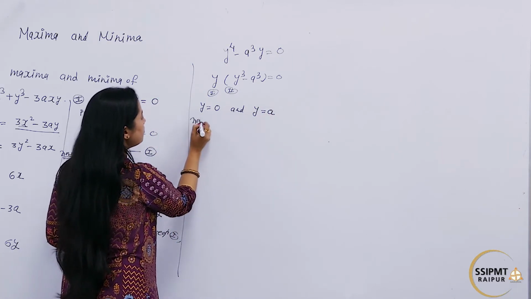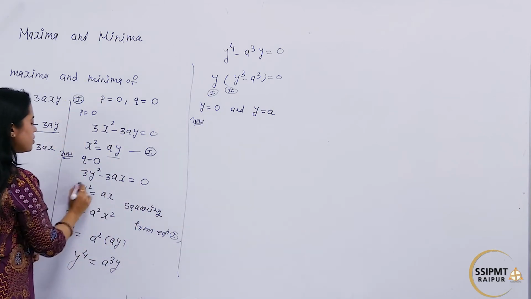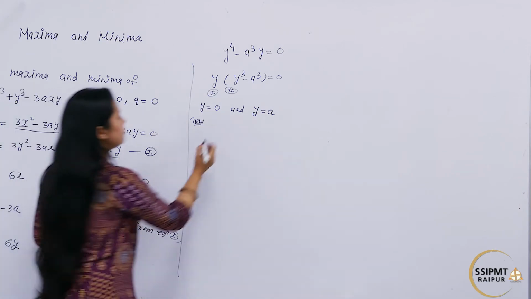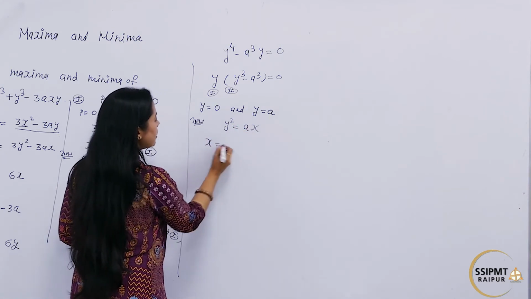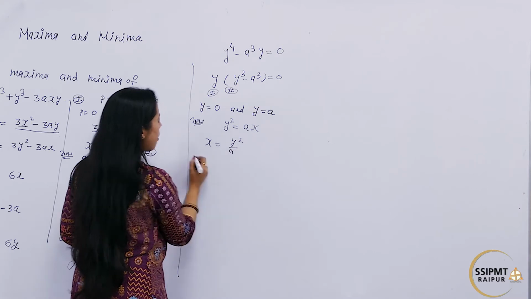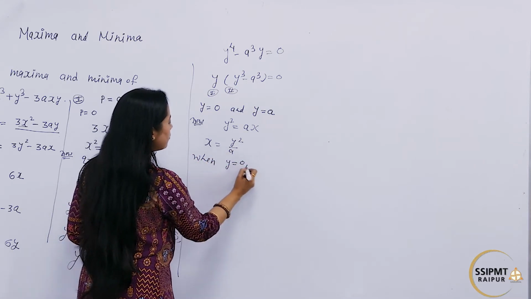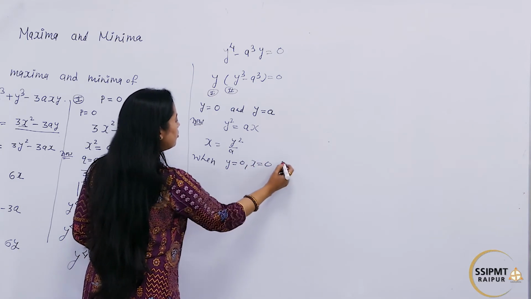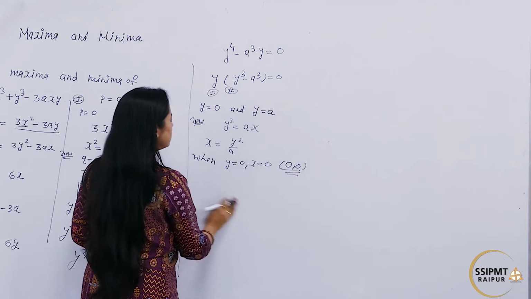Now since we have y square equal to ax, x will be y square by a. When y is 0, the value of x will be 0, which gives us (0, 0), which would be a trivial solution.